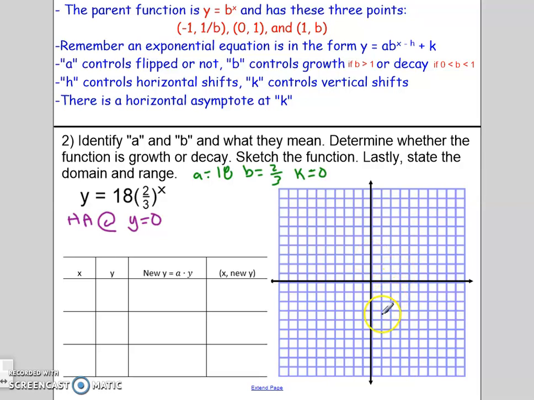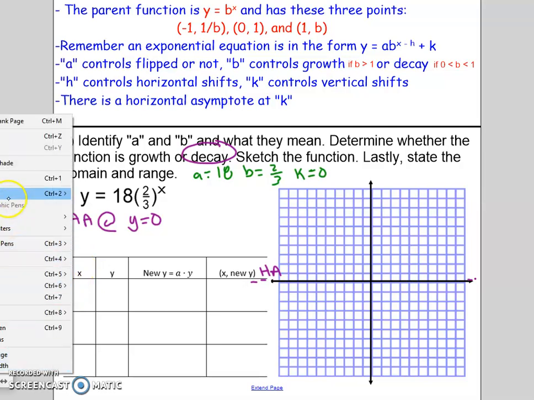So let's label that on our graph first. I'm sorry, my pen has a mind of its own and it's not always going where I want it to go. Okay. So since A is 18, that means our y-intercept is going to be 18. Since B is 2/3, that means this is going to be a decaying function. And that's all we need for now.